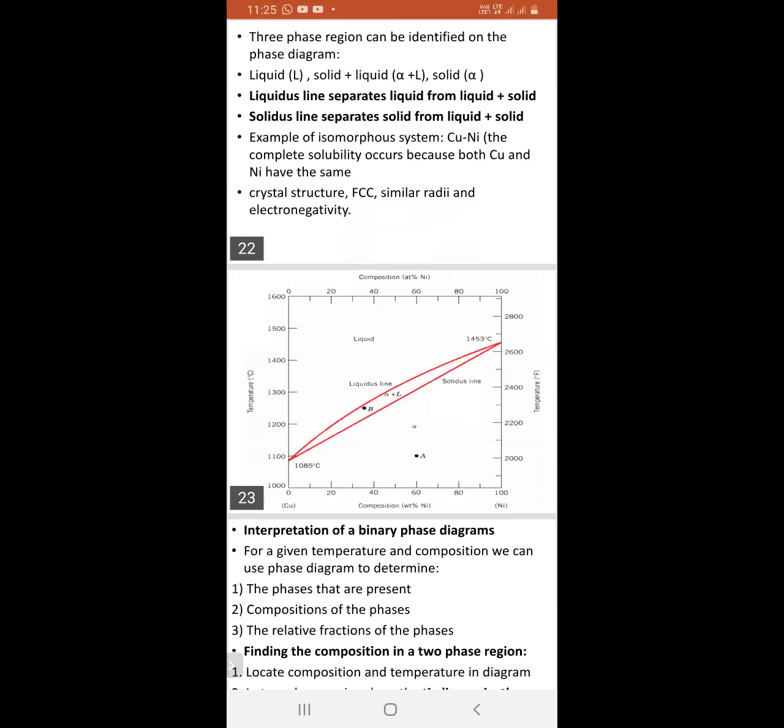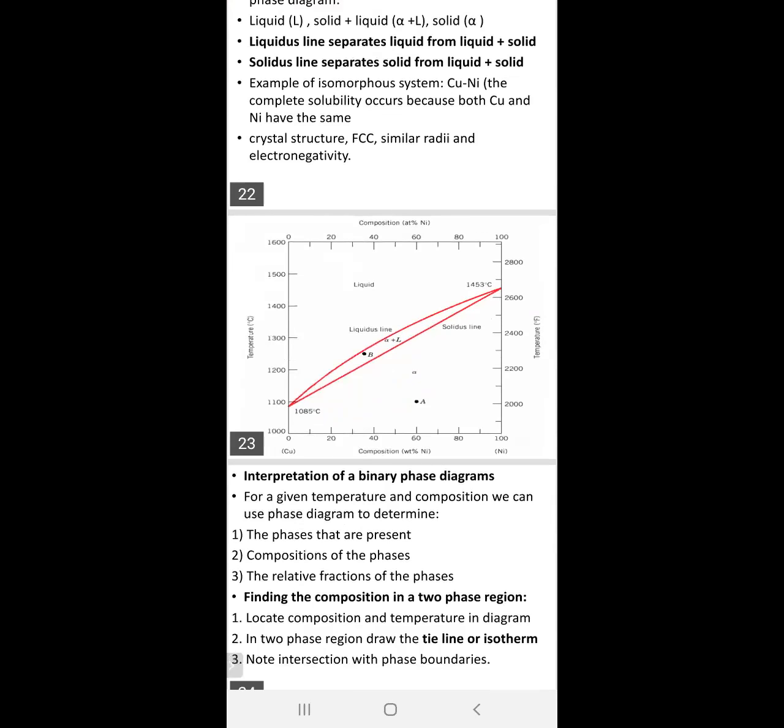We have to heat the two elements above the melting point temperature until they become liquid. Two metals become one liquid; they should be completely soluble in the liquid state.